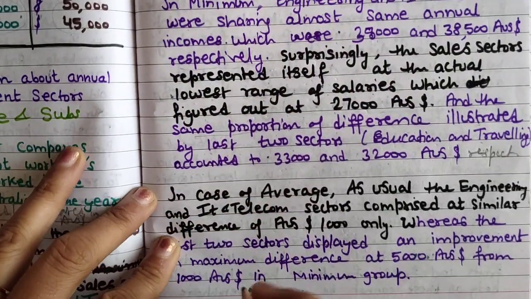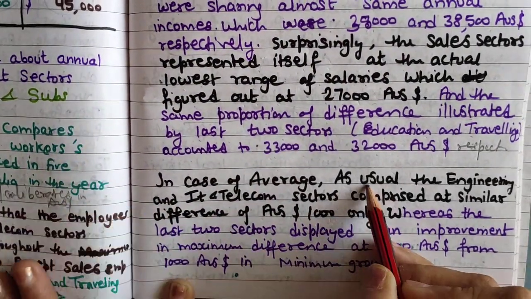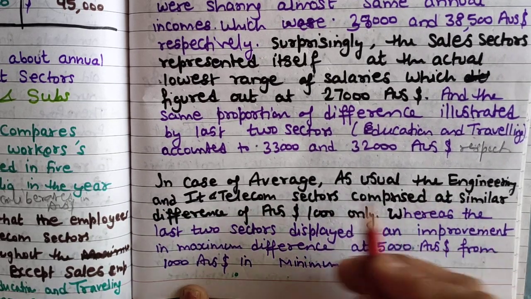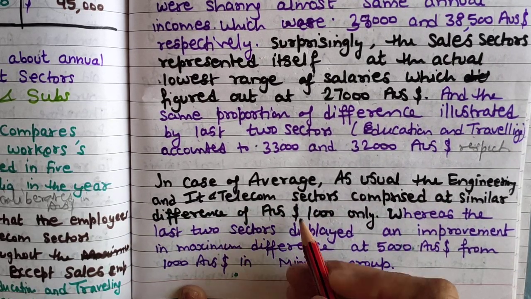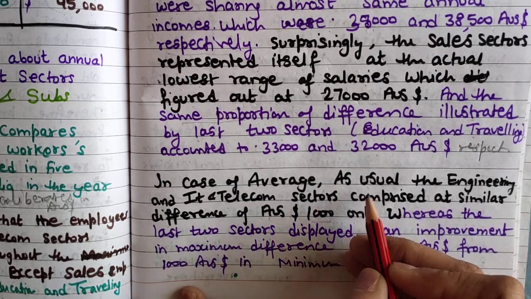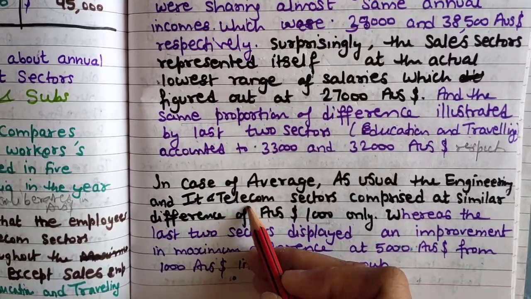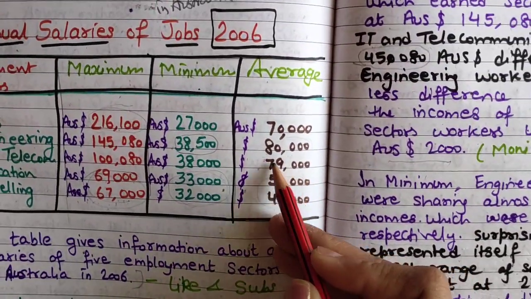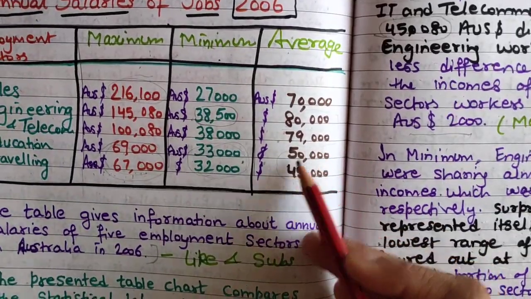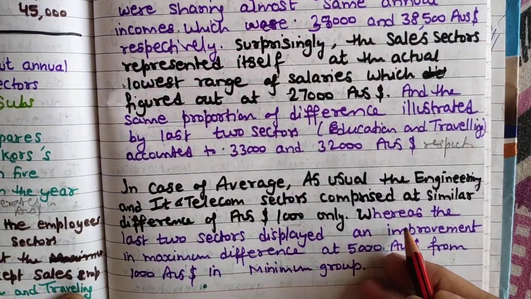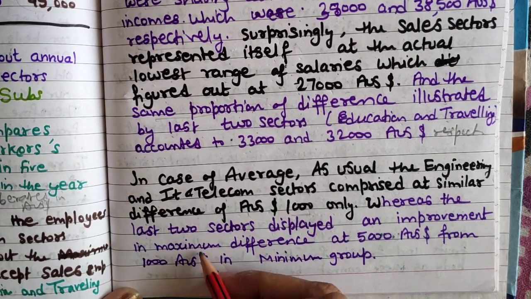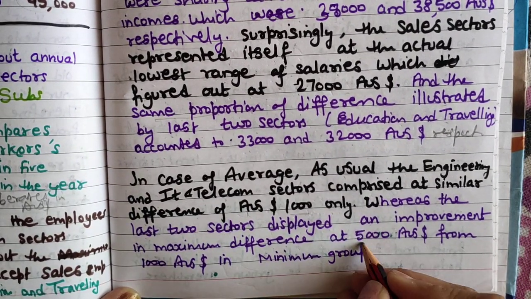Now in case of average, as usual the engineering and IT telecom sectors comprised a similar difference of Australian dollars, at only a 1,000 difference between the engineering and IT departments. So you can see here engineering and IT departments were at only 1,000 difference, whereas the last two sectors displayed an improvement in difference at 5,000.